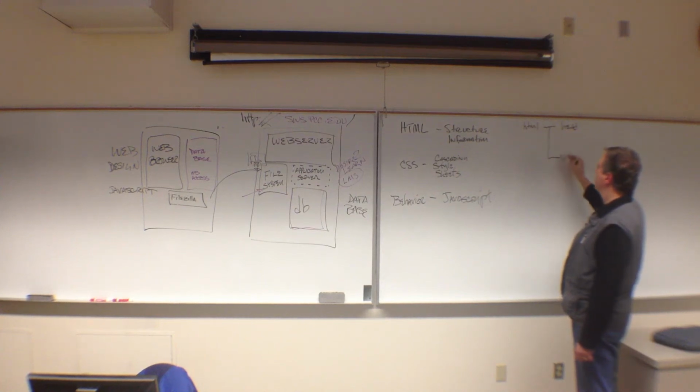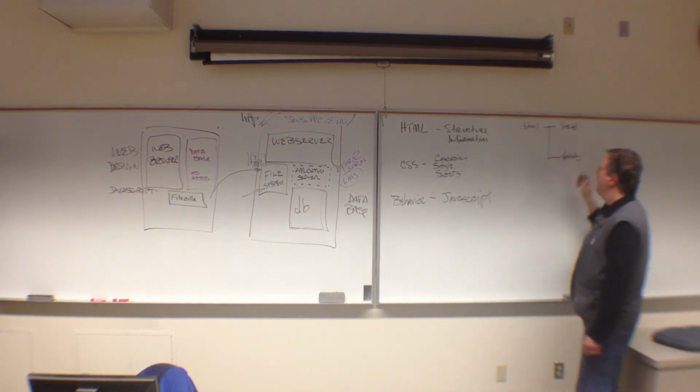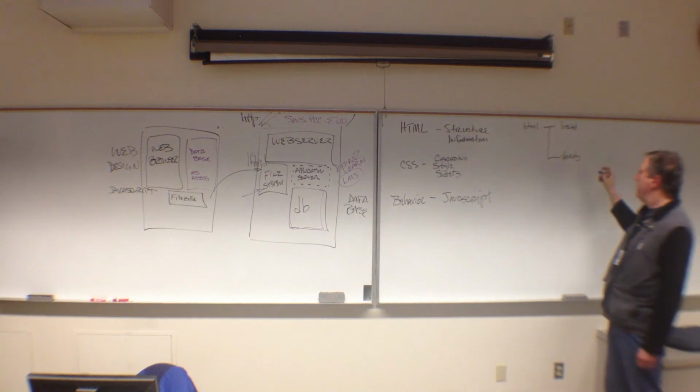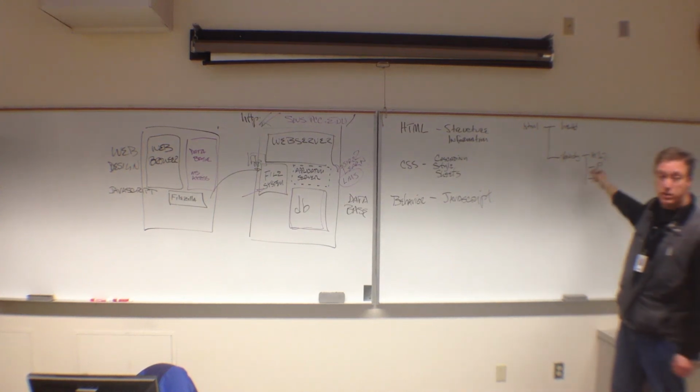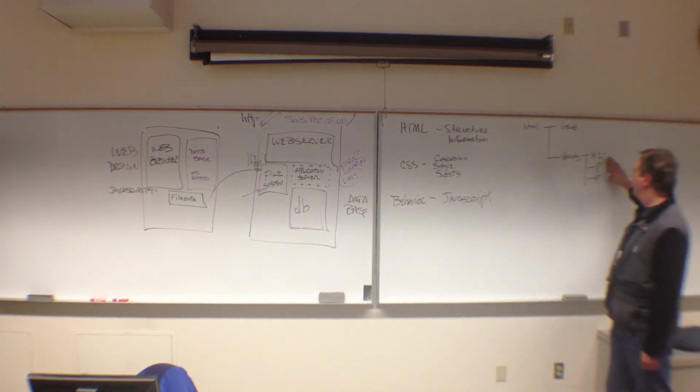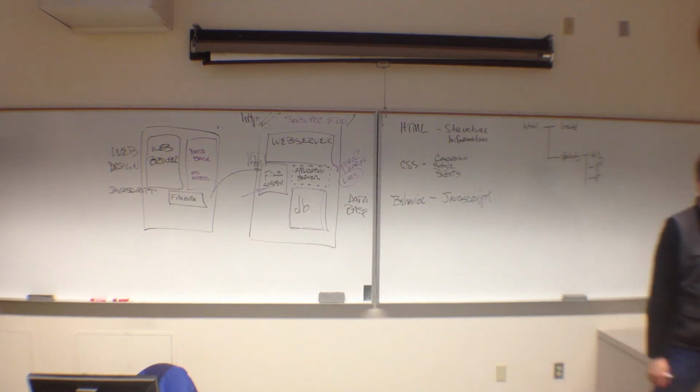We use lowercase here, body. And then inside the body, there was a tree structure where there were H1s, and at the same level, there were paragraphs. Every one of these, I'm not showing you the trailing tags, but every one of these has a trailing tag because it's XHTML.